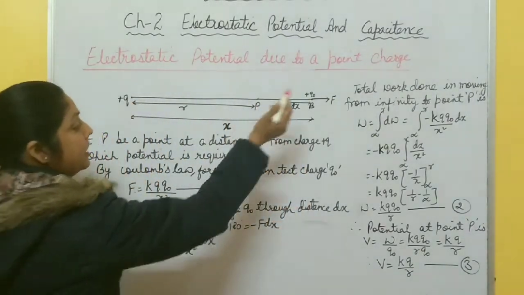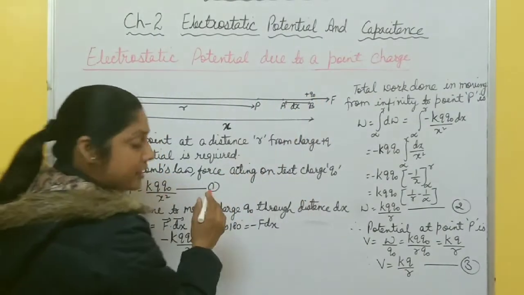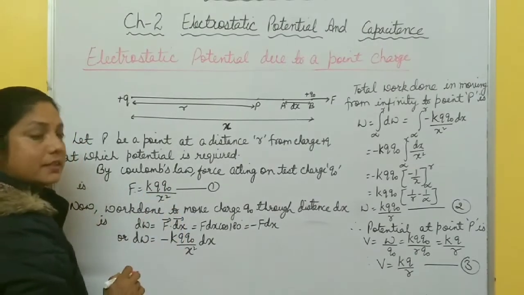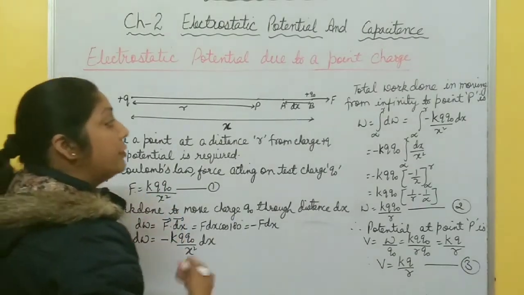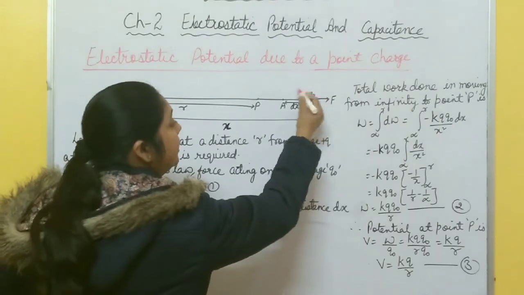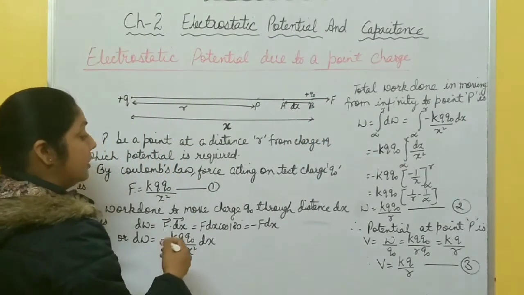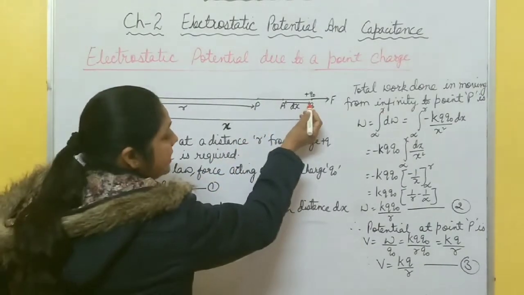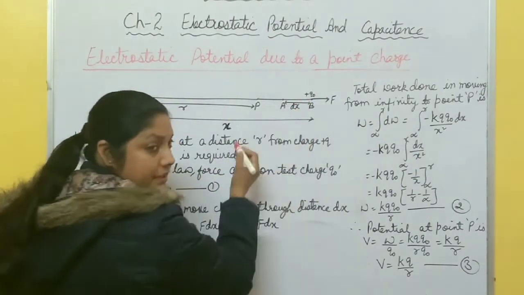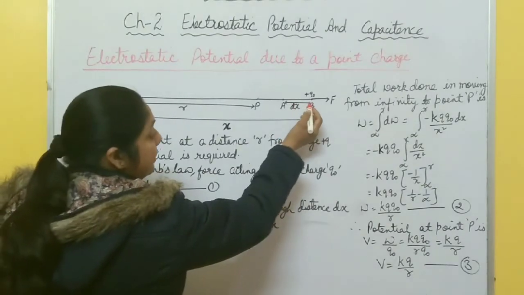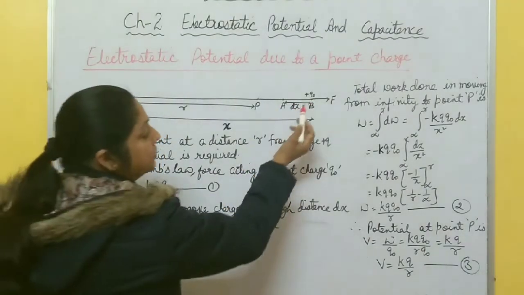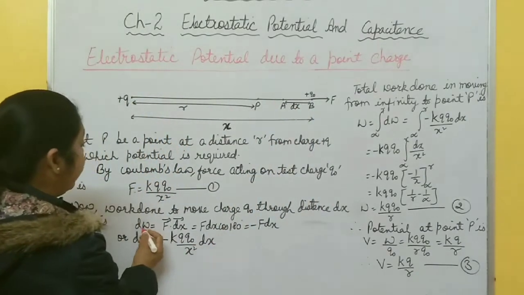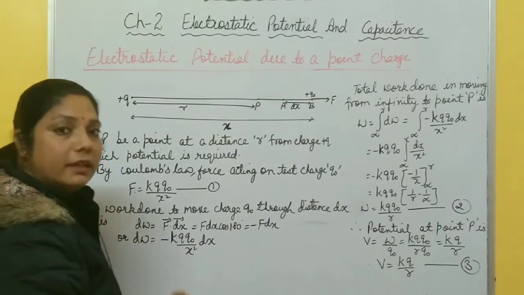So force experienced by this test charge is F equal to K Q Q0 by x square. Now we have to move this test charge from B to A. So suppose this distance from B to A is a small distance dx, and the small amount of work to move a test charge from this point B to A is given by dW equal to F dot dx.